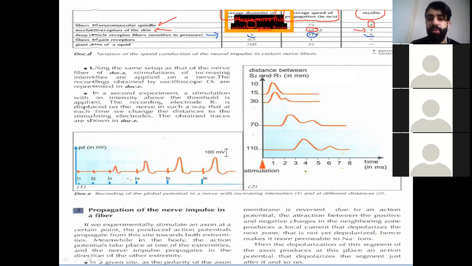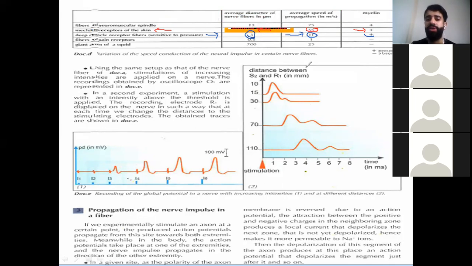And what is the value of the speed? 11 meters per second. So what happened here? We have myelin, but what is the difference? The variable is the value of the diameter. When the diameter decreases to 3 micrometers, the average speed decreases to 11. So here is another indication of the effect of the diameter.